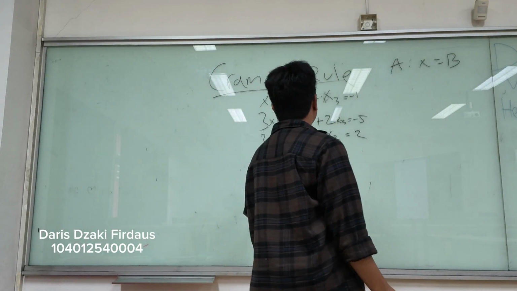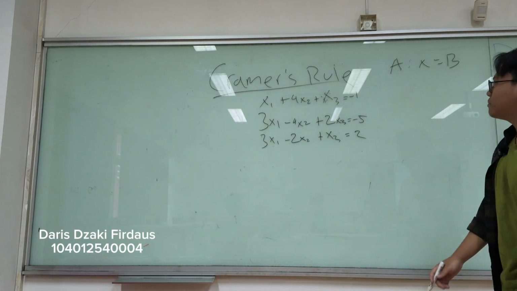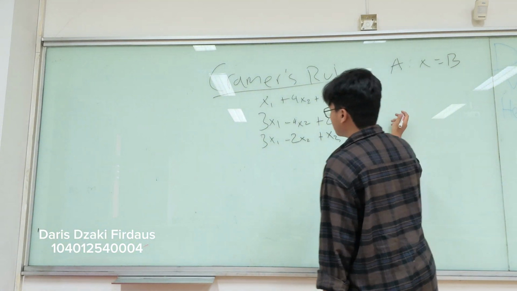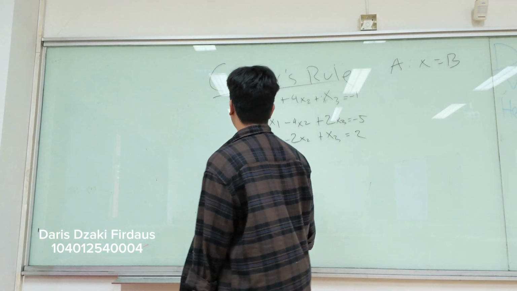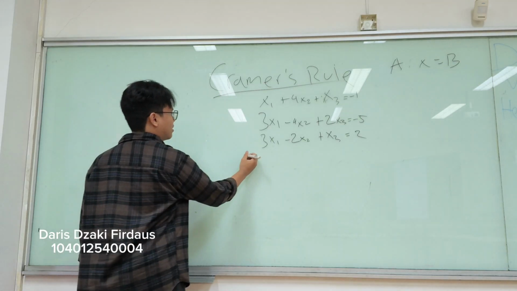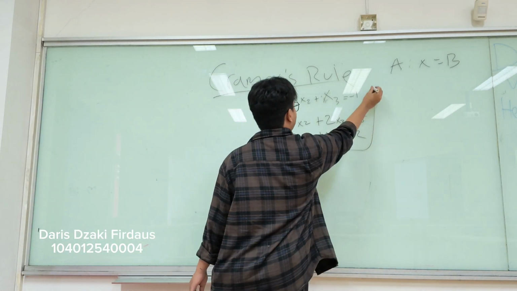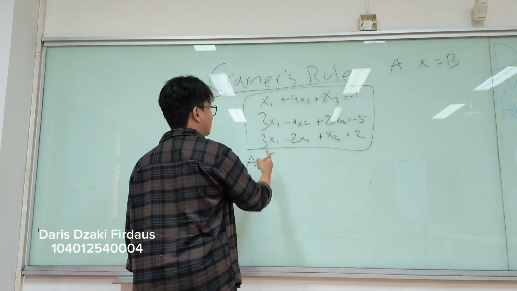So next we need to divide these three things into three parts. We have A. We need to find the basic matrix from this.